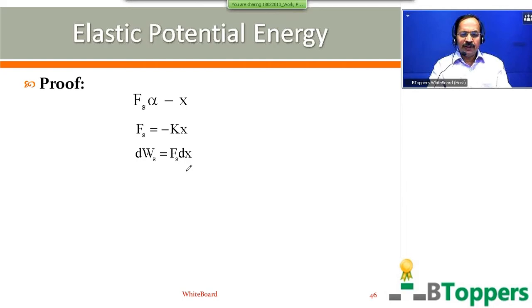When the length of the spring changes by an infinitesimally small distance dx, we can write dW subscript spring equal to minus kx dx. That means the work done by the elastic force by the spring, when the length of the spring changes from L0 plus x to L0 plus x plus dx, will be minus kx dx.